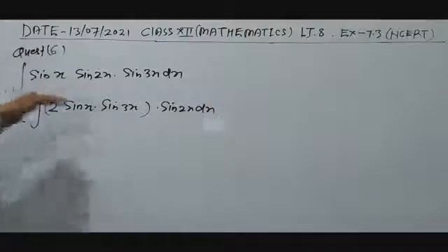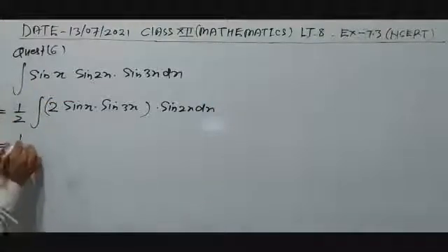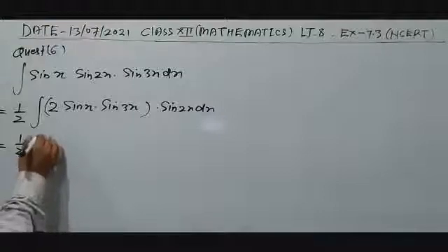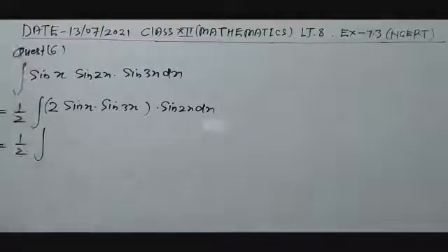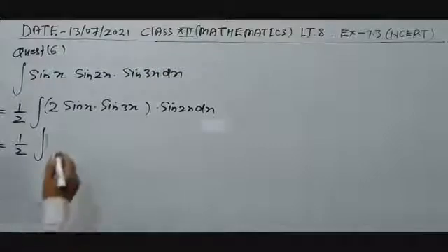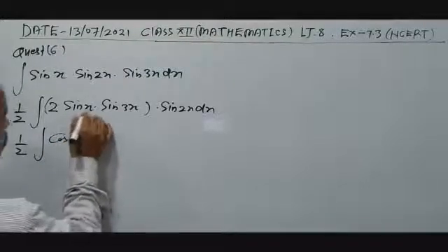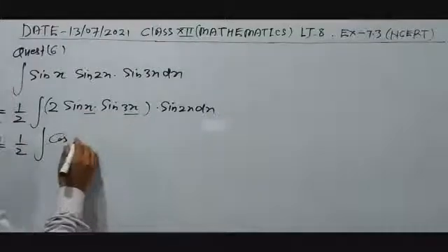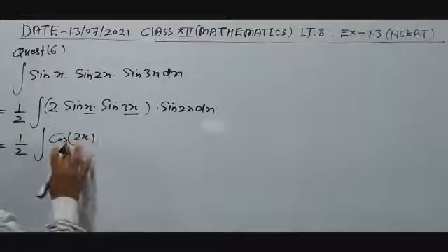Now this expression can be written in the format. Now 1 by 2 integration over 2 sin a sin b. 2 sin a sin b formula you know, cos of a minus b minus cos of a plus b. So cos of a minus b, at the place of a there is x, b there is 3x. So a minus b result will be minus 2x, and this is an even function, so it will be positive.